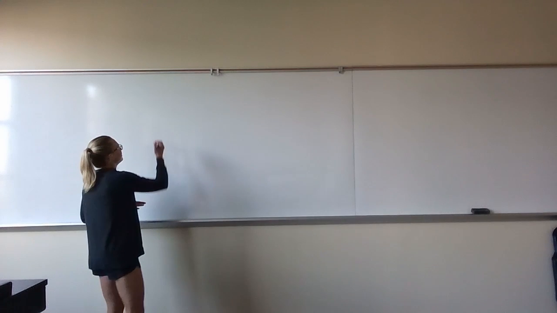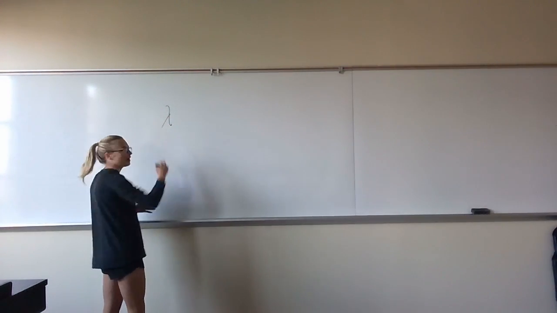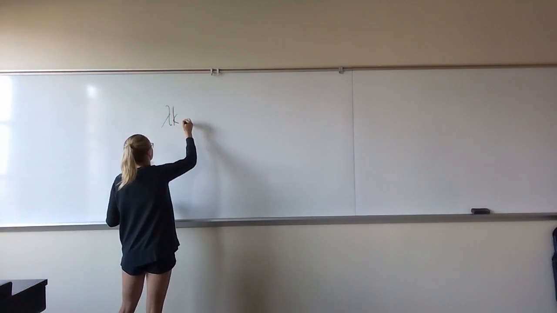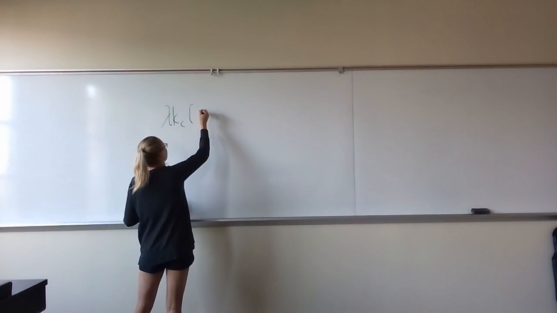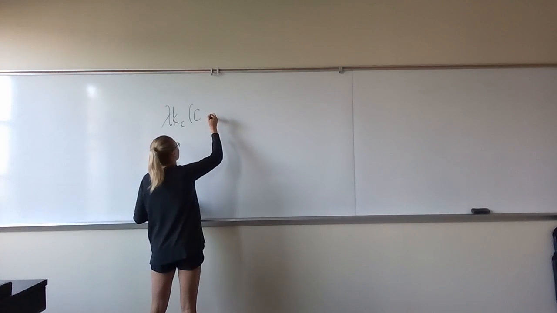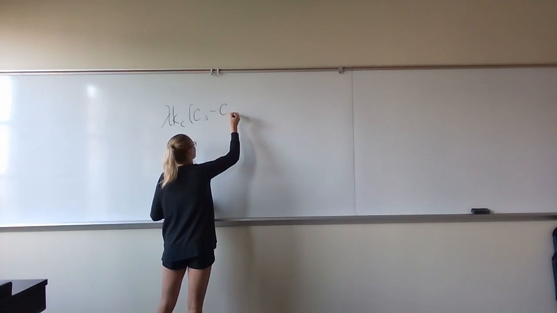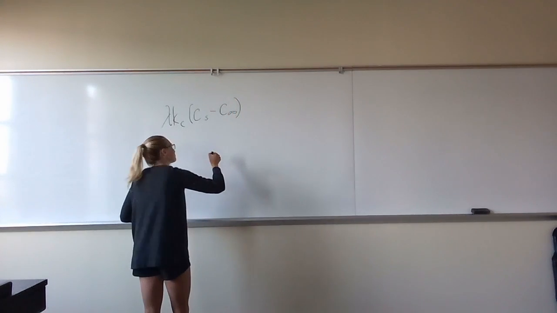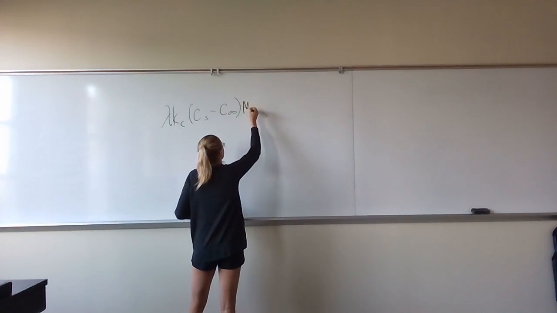So we can write this as the latent heat of vaporization times the mass transfer coefficient Kc times the difference in concentration first at the surface of the wet bulb thermometer minus the concentration of water vapor far away from the wet bulb thermometer, all multiplied by the molecular weight.